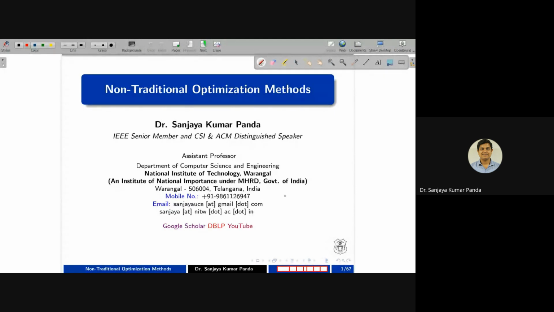This FDP is conducted by E&ICT Academy of NIT Warangal and the Department of CSE, National Institute of Technology, NIT Warangal. The coordinators of this program are Professor Manjuvala BC Madam and myself. We both work in the same Department of Computer Science.